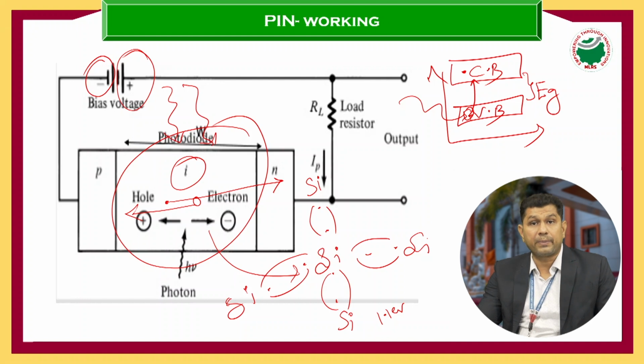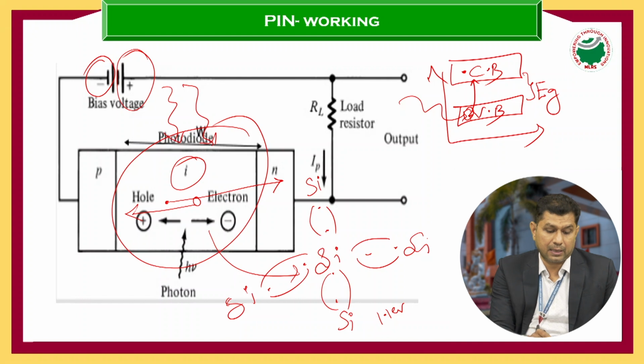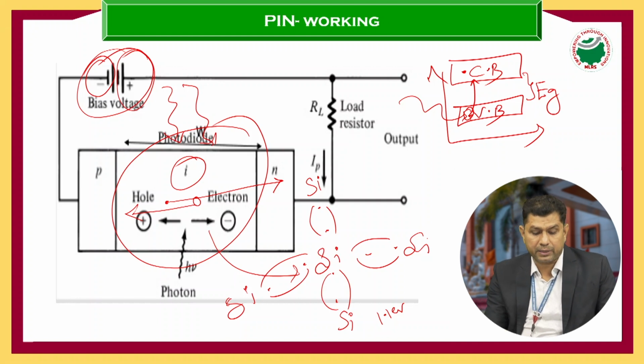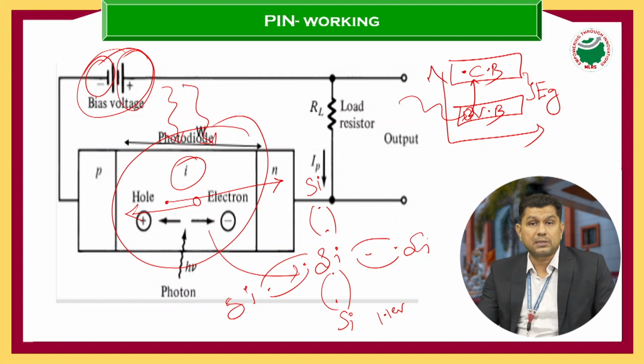Before recombination, the electron hole pairs are drifted because of the operating reverse voltage. In this manner, voltage is developed, purely because of the light incident on the photodiode. That's why this current is called photocurrent.